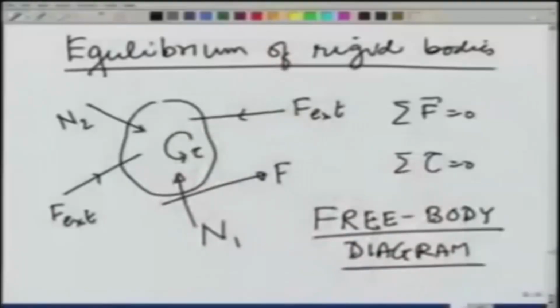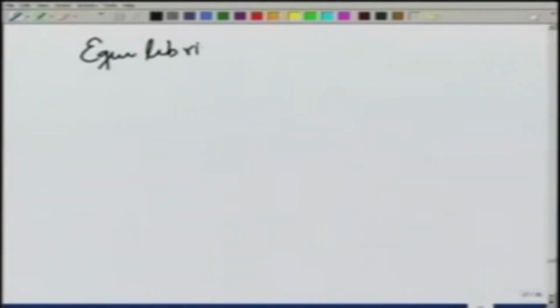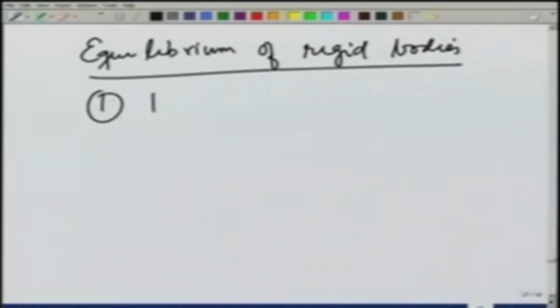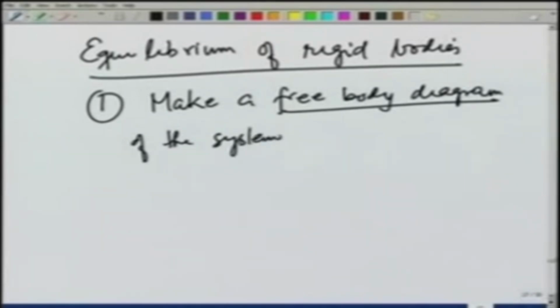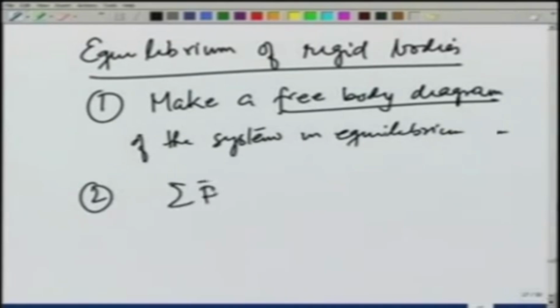So, in considering the equilibrium of a body, the first thing we do, step number 1, is make a free body diagram of the system in equilibrium, and step 2, apply the conditions summation f is equal to 0 and summation tau is equal to 0 and solve it.